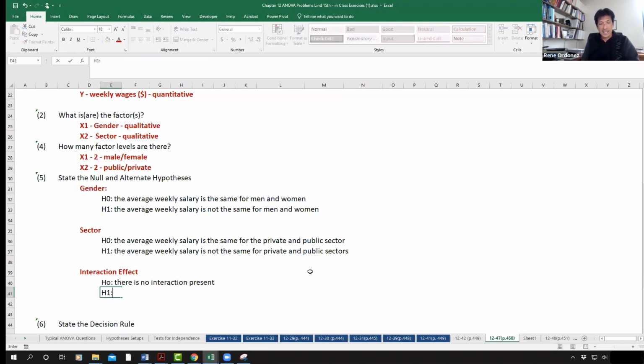H1 says that at least one of the combinations of gender and sector has an interaction.